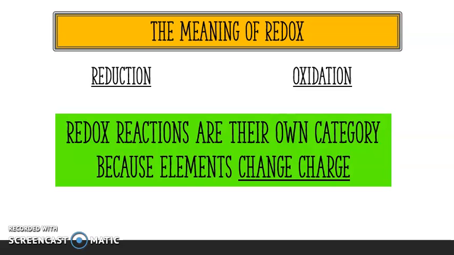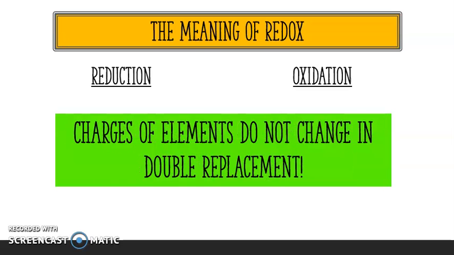Inside of a redox reaction, elements will actually change what charge they have from reactant to product side. Again, this does not happen in a double replacement reaction, and this is why these are two different major categories of chemical reactions.